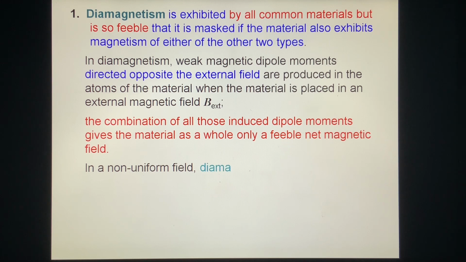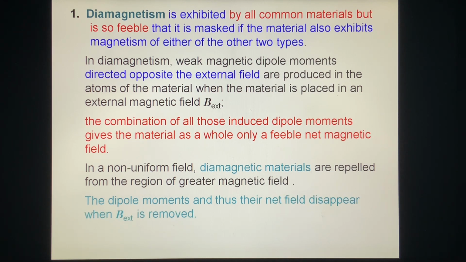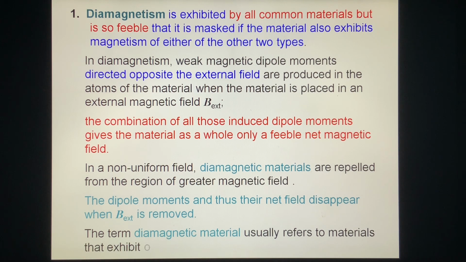In a non-uniform field, diamagnetic materials are repelled from the region of greater magnetic field. The dipole moment and thus the net field disappear when B external is removed. The term diamagnetic material usually refers to materials that exhibit only diamagnetism.